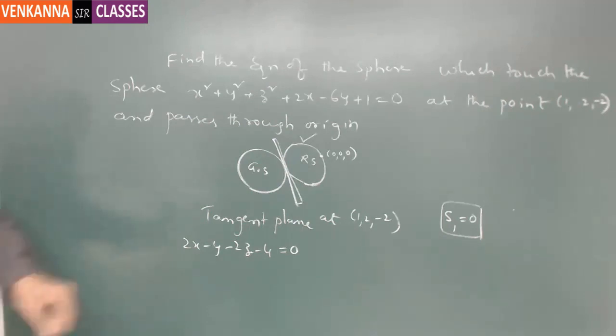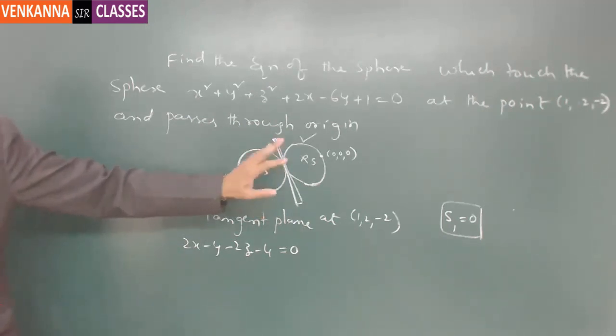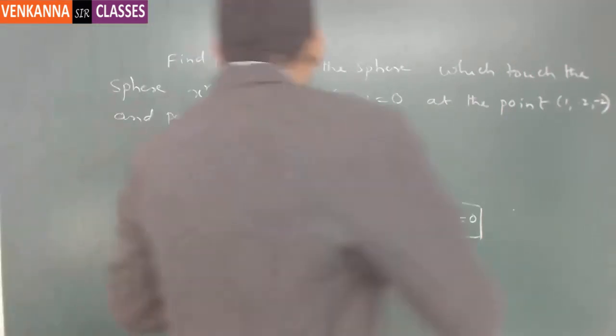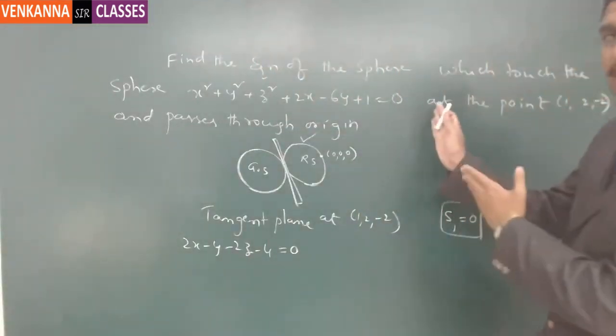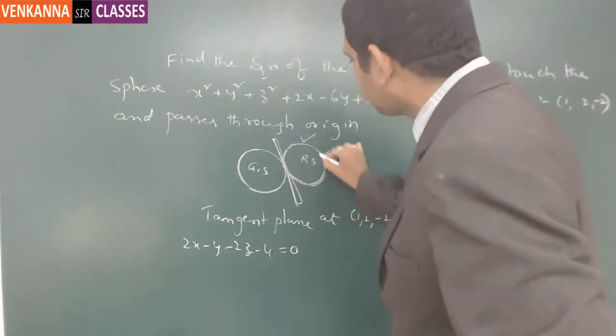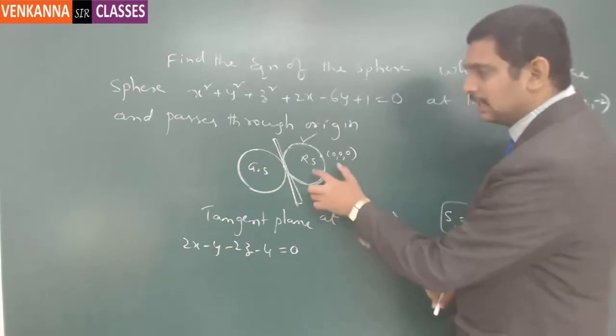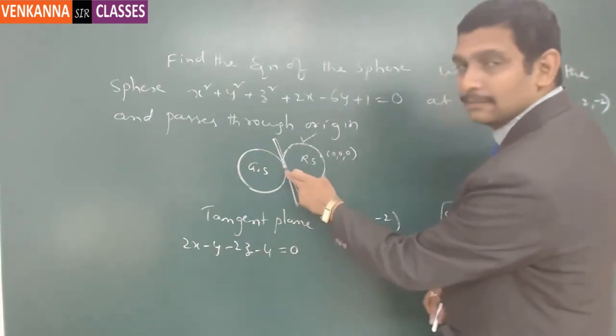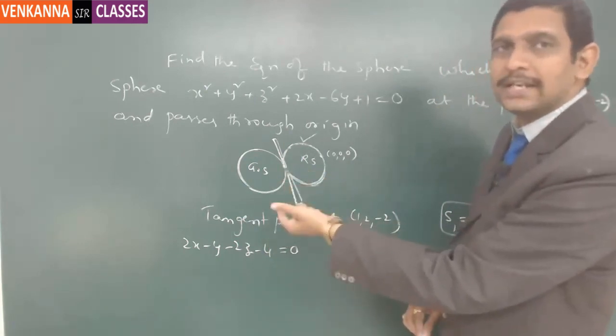The new sphere, as per the given data of the problem, passes through this point. In other words, the new sphere passes through the circle here, which is nothing but a point circle.